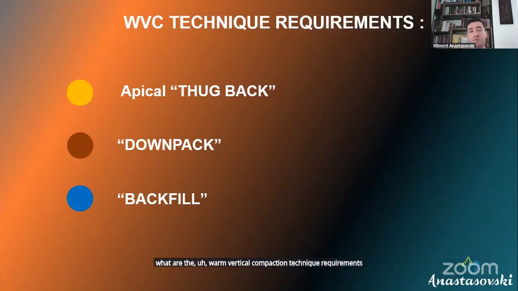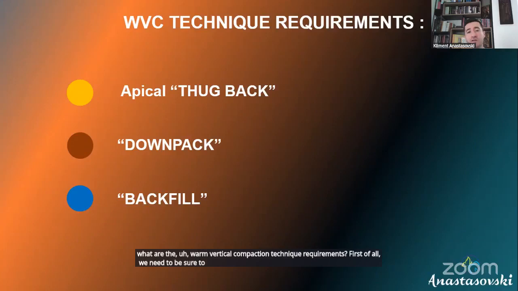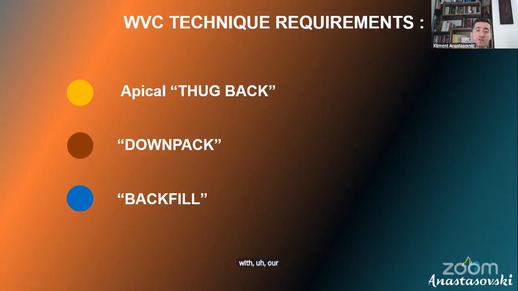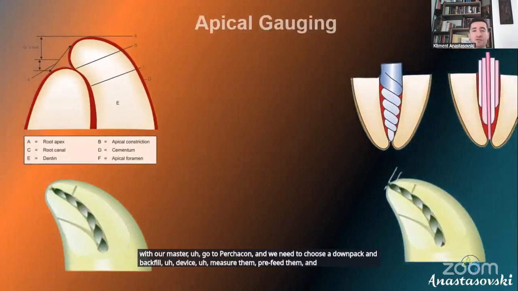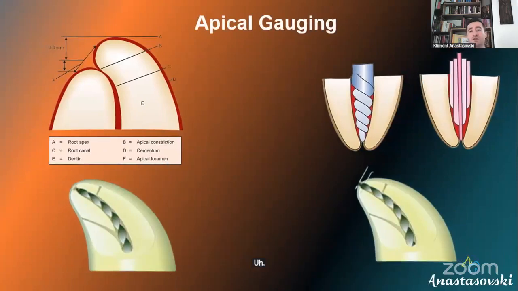First of all, we need to be sure to have a great apical tug-back that we measure with our hand files and later on with our master gutta-percha cone, and we need to choose a downpack and backfill device, measure them, pre-fit them, and use them in the obturation step of this procedure.